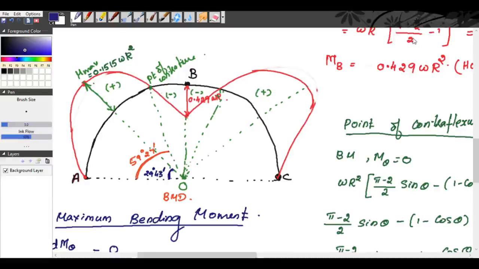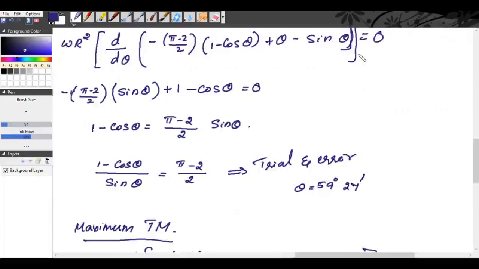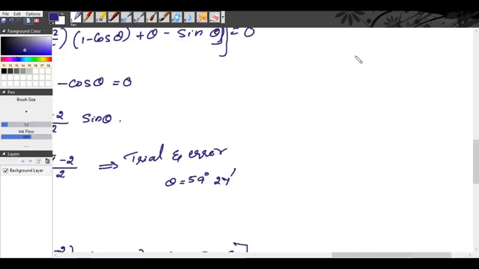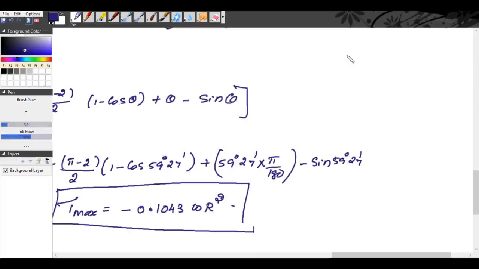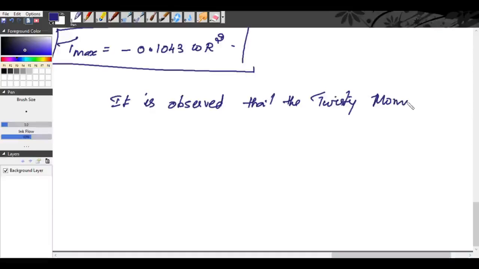So when your bending moment is 0, you have the maximum twisting moment. So you can conclude that it is observed that the twisting moment is maximum at the section where the bending moment is 0.